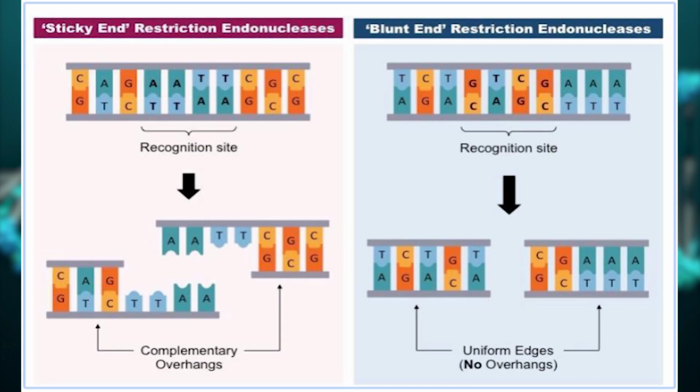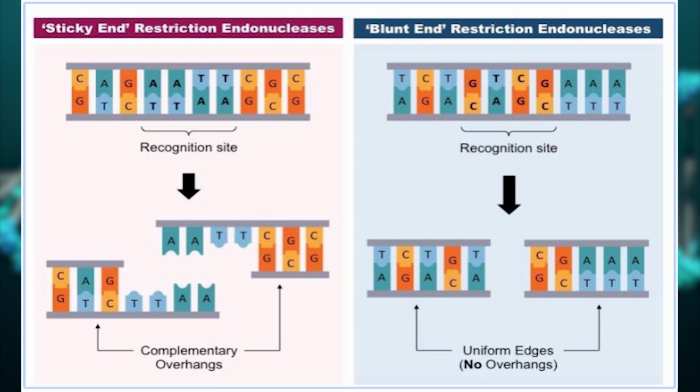Here in this figure we can see the double stranded DNA molecule. In both figures, the recognition site is in between, but in the first figure what we can see is that we have overhanging ends. We have the two strands separated in a sticky pattern.